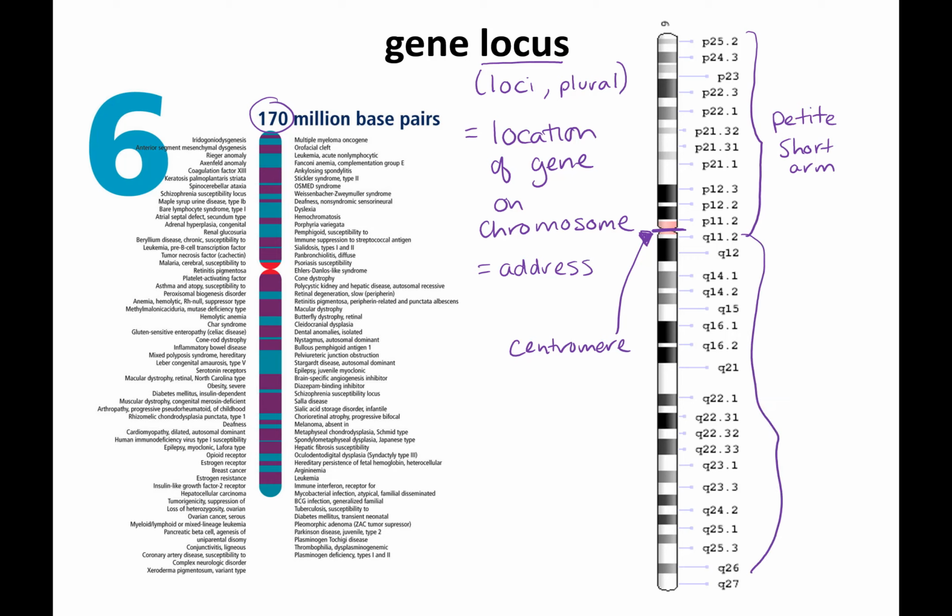But then we've used this to help us locate. So Q is the long arm, and the letter Q just came because it's the letter after P. And it helps us give each gene a unique address. And this is really important when you get into molecular genetics, where you're looking at maybe some different combinations of genes or how they interact on the chromosome. So, just a term for you to know.